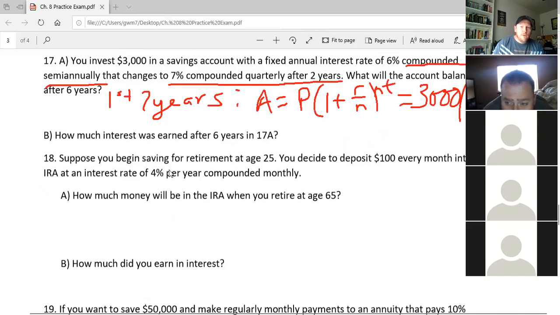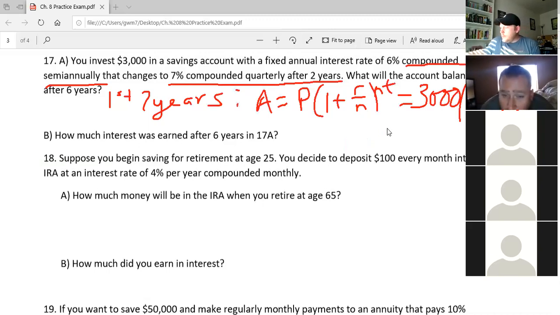The rate for the first 2 years is 6%, so 0.06. n, well, it's semi-annually. That's twice a year, so 2. And t, the number of years, for the first 2 years, that's clearly 2.